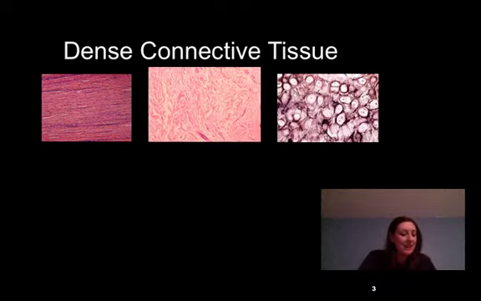The last one we're looking at is our cartilages. When we look at cartilages, you have 3 different types in front of you. You have hyaline cartilage, an elastic cartilage, and a fibrocartilage. The hyaline cartilage, what you see is a really hard, almost glass-looking ground substance.